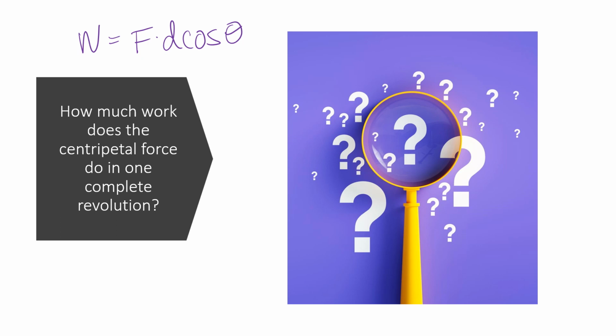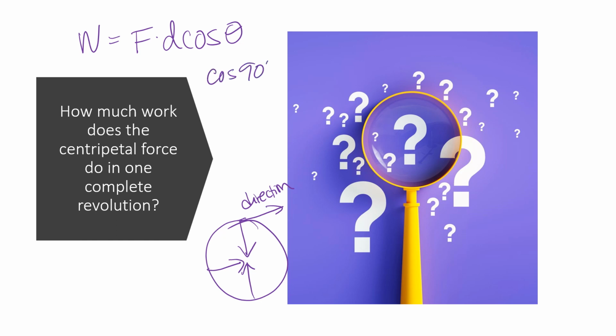Okay, so we need to think about where is the force and where is the distance. So if I'm drawing a circle here, right, and my force goes like this, but at any given point, instantaneously, this thing is moving in this direction. Right? The tangential velocity is perpendicular. So that means I'm taking cosine of 90 degrees. Oh, hey, that's not going to work.